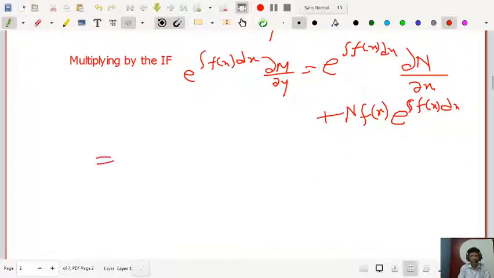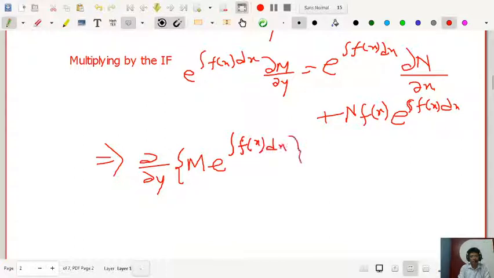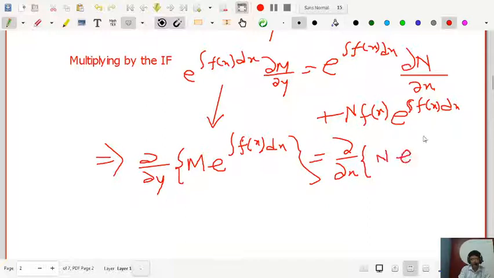And you look at that, this can be written as del del y of M into e to the power integration f(x) dx, because you are differentiating partially with respect to y, and M is a function of x and y, but this is a function of x, so it is constant. So you can write this directly. And on the right hand side you may write del del x of N e to the power integration f(x) dx.